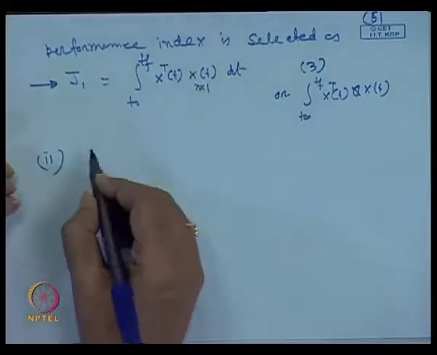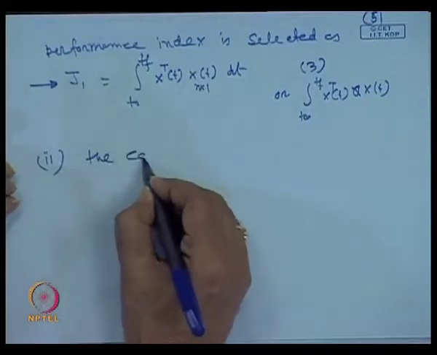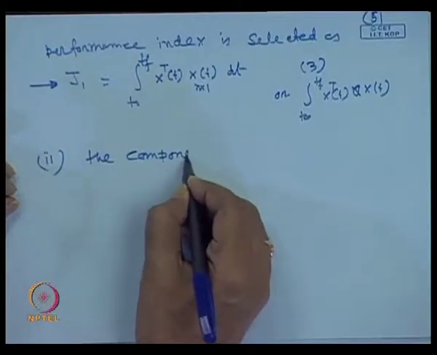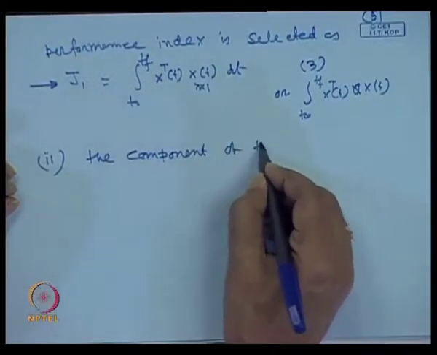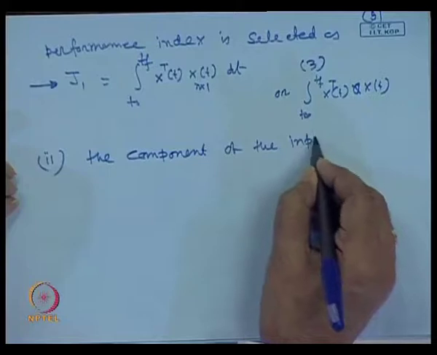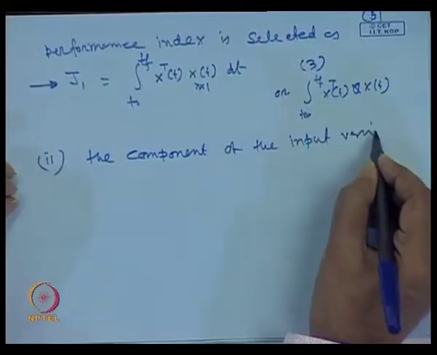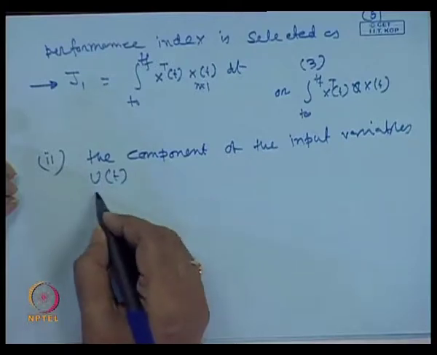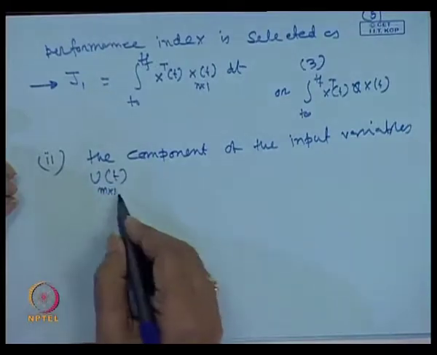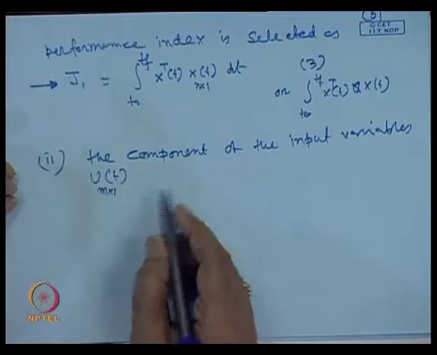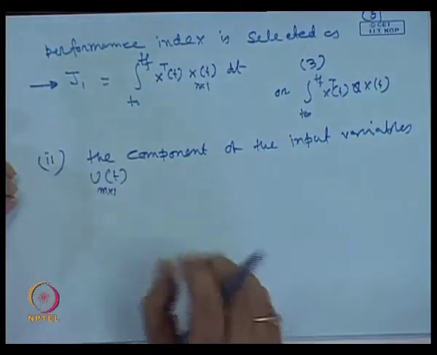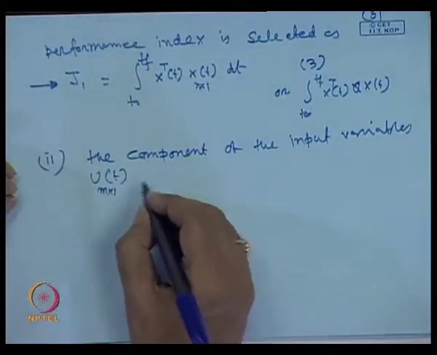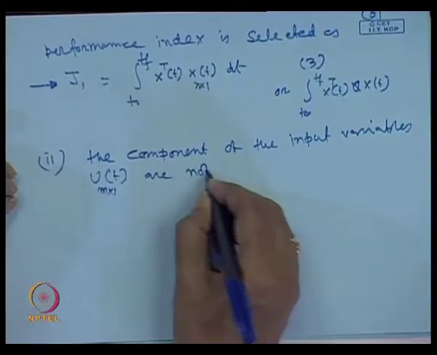Agree? So, consider the components of the input variables u of t, where u of t has dimension m cross 1. So, we have m components, and we want each component to not be very large, and not too large.